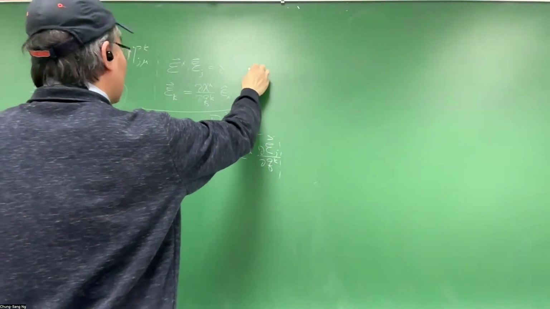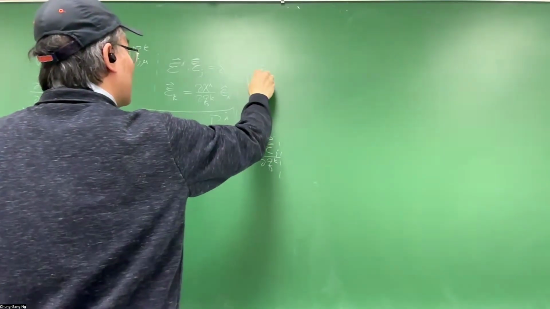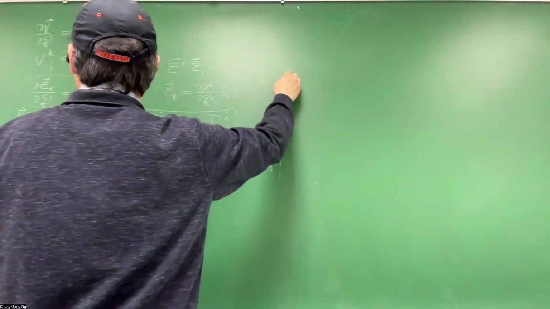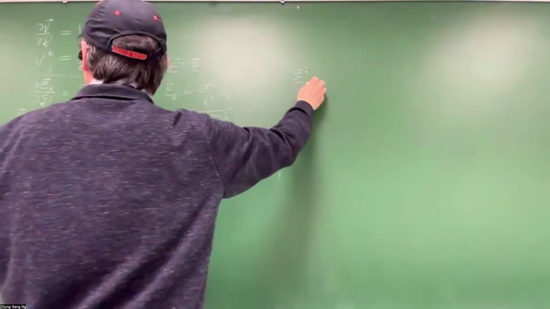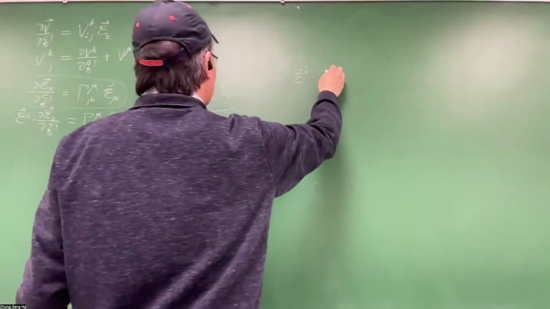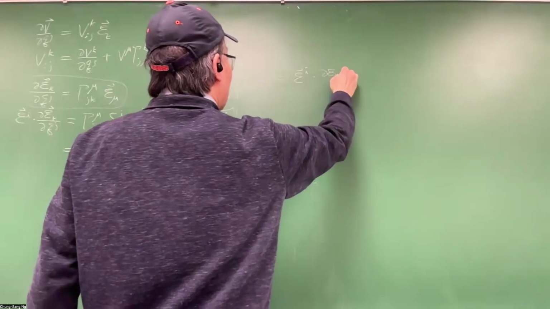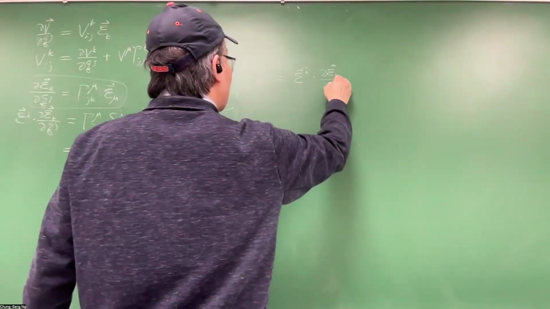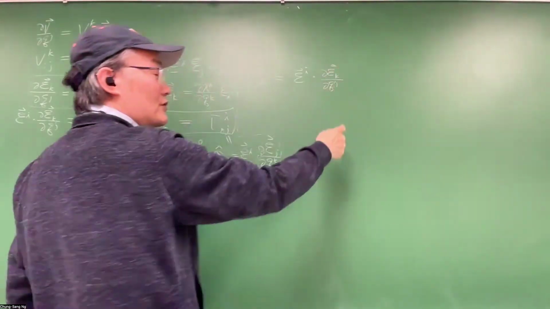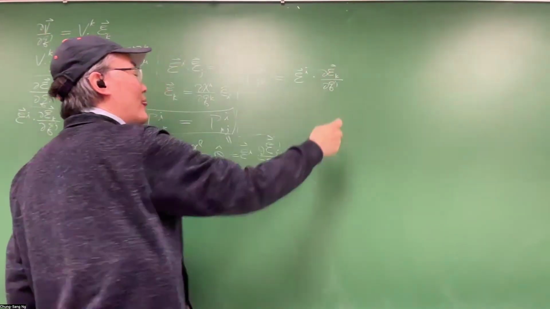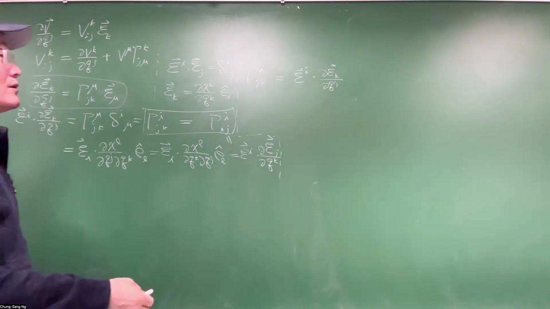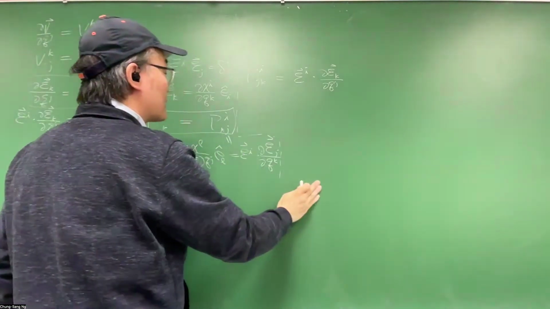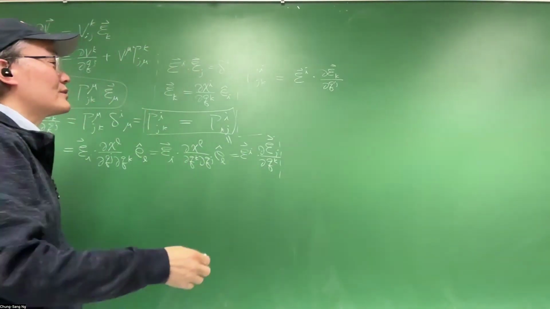Gamma n jk is epsilon i superscript n, partial epsilon k, or the other way around. We already saw that they are interchangeable. Then we can work out the transformation rule by just following the steps.